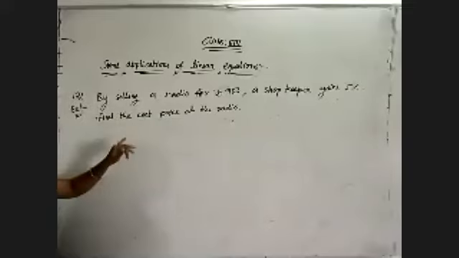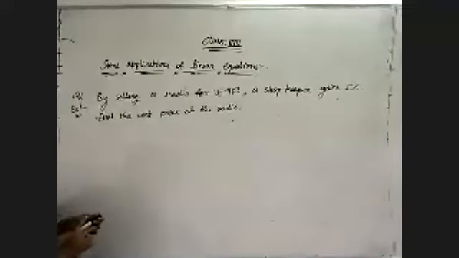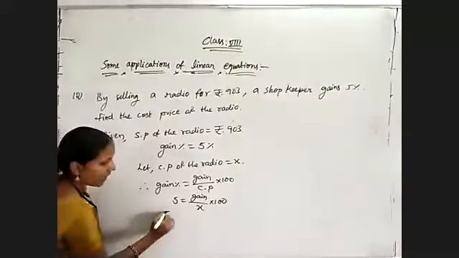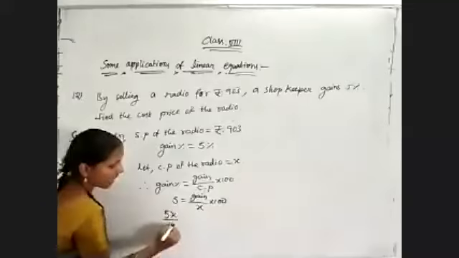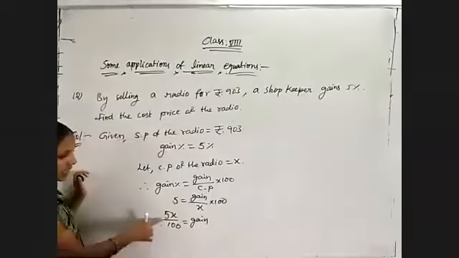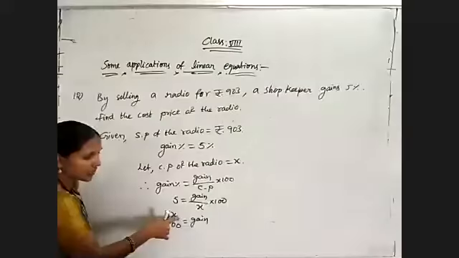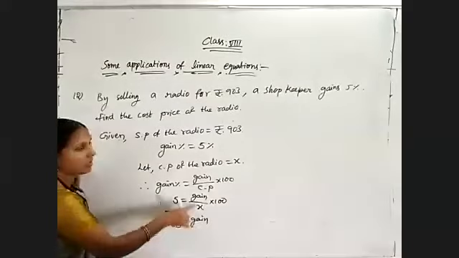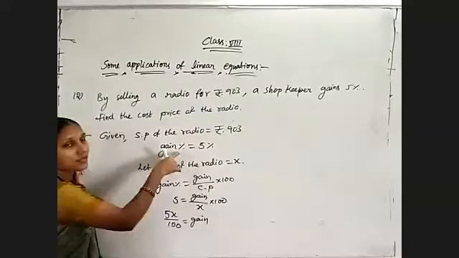So what are the values given? Observe. So given 5x by 100 is equal to gain. That is nothing but 5% of CP is equal to gain. Gain percentage of CP is equal to gain.